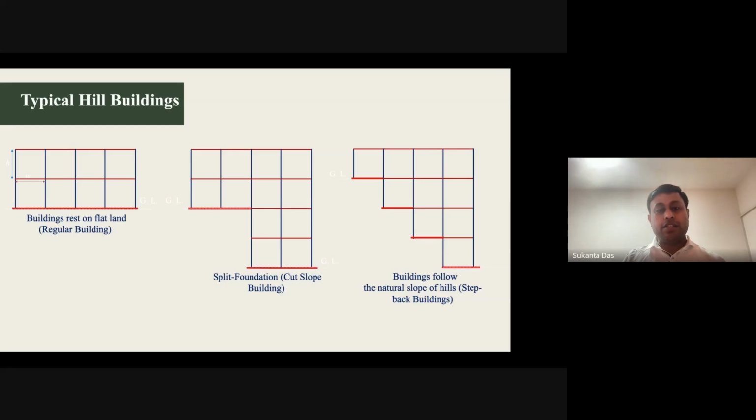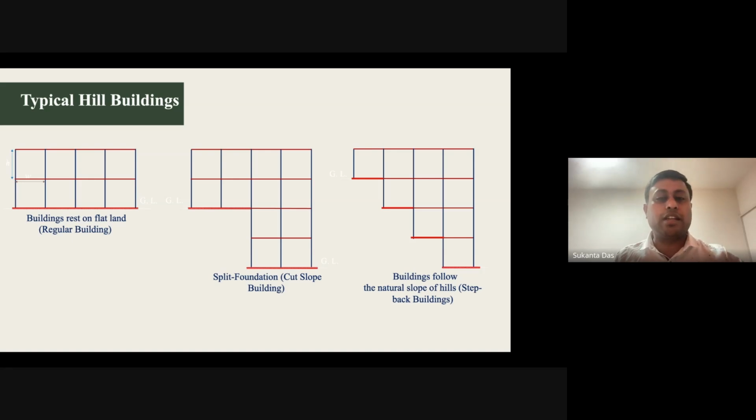Now, this is very important. What type of structures are really located in hilly terrain? Do you have any ideas? On flat ground, you have tall structures, high rise, mid rise, low rise buildings. But in hilly terrain, things are different. This is flat ground terrain, the first building, which we often call a regular building.